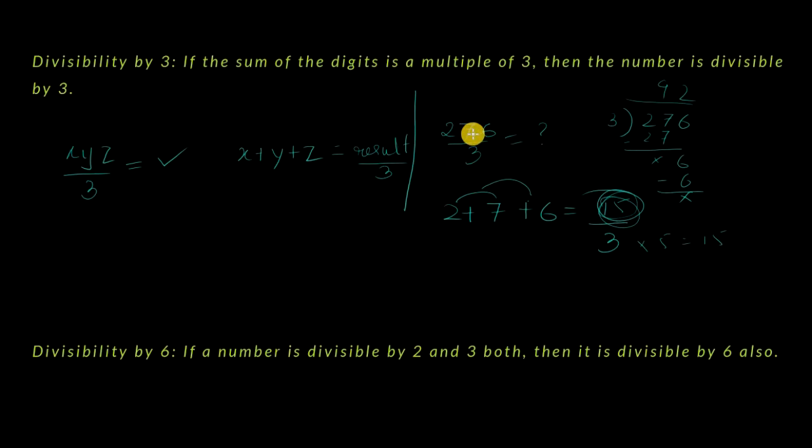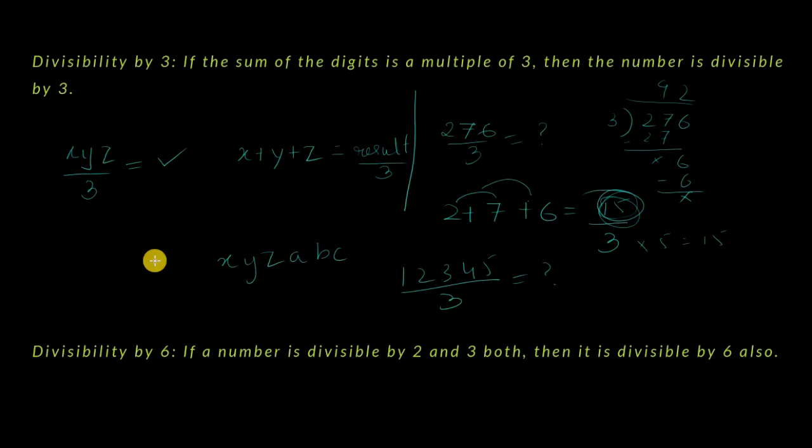So if I give you a very large number, like 1, 2, 3, 4, 5, is it divisible by 3 or not?